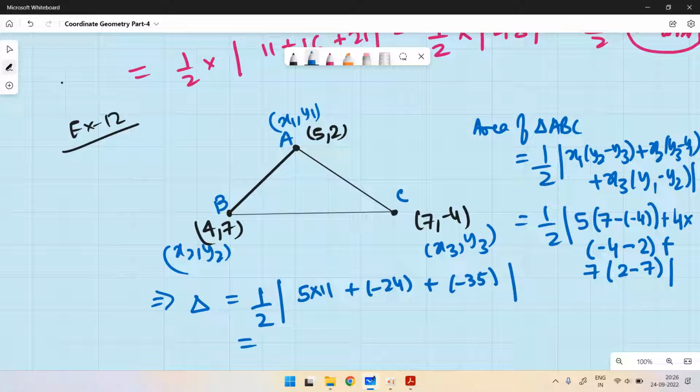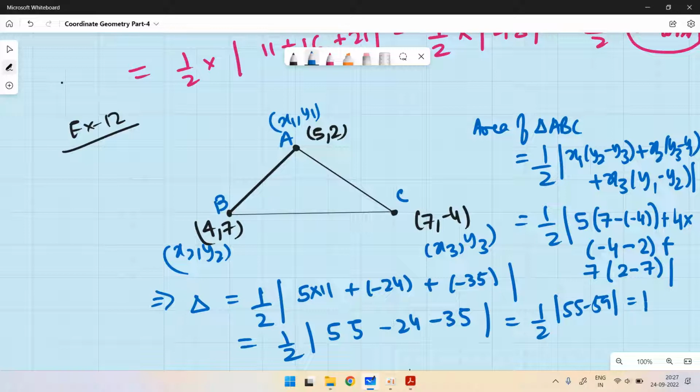If you solve this, it is half mod of 55 minus 24 minus 35, that is 55 minus 59, which is nothing but mod of minus 4 by 2.